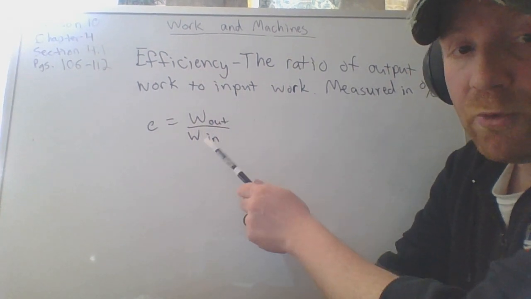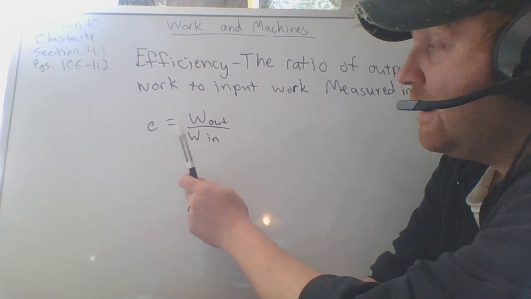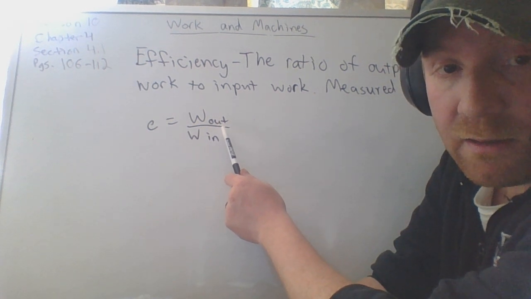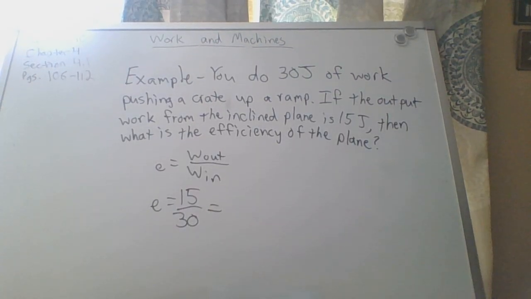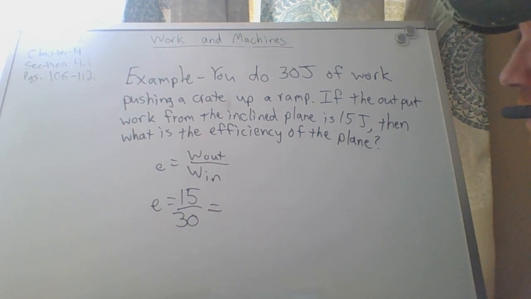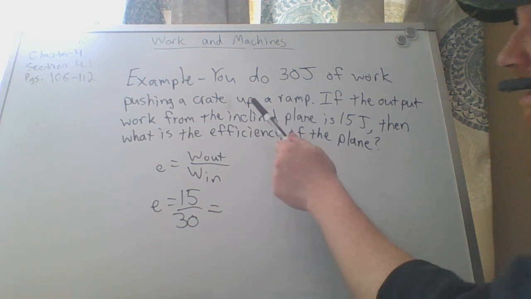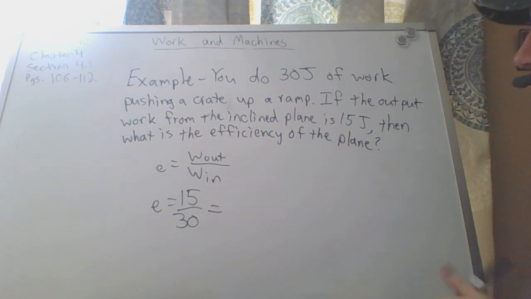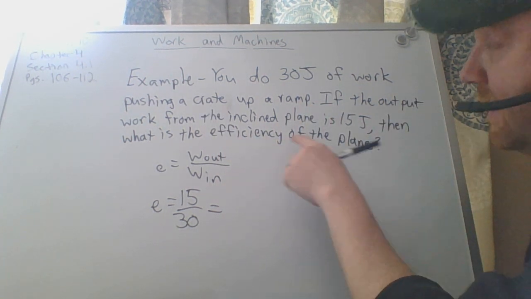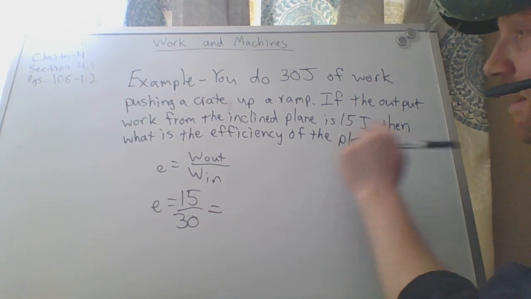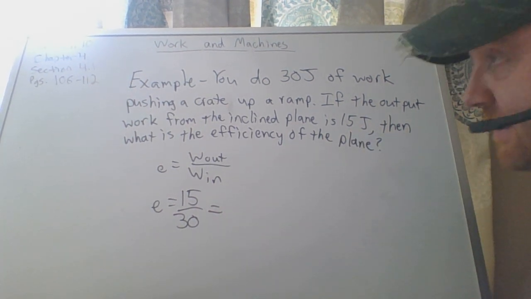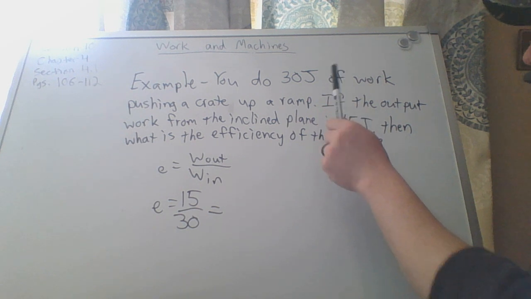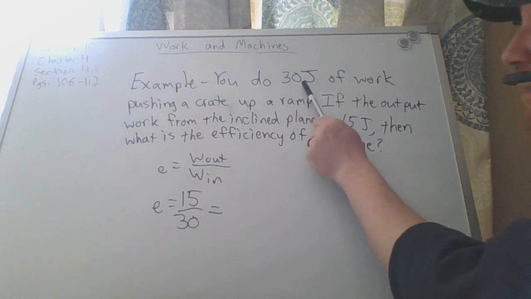So let's do a quick problem about how machines make things more efficient. You do 30 joules of work pushing a crate up a ramp. If the output work from the inclined plane is 15 joules, what is the efficiency of the plane? We're doing 30 joules of work, and the input is 30 joules.